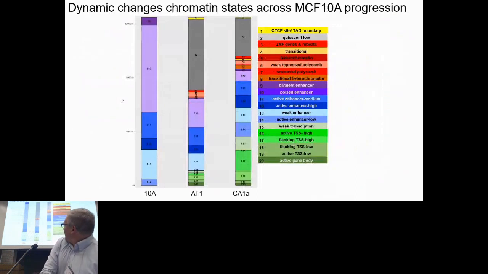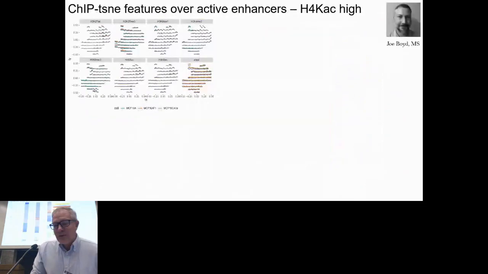And so this alluvial plot did not come out. So this is supposed to be an alluvial plot that generates the transitions from one state to the next. What I'm showing here is the MCF10A enhancer states that are colored here by, for example, these poised or bivalent enhancers that are classified in MCF10A cells.